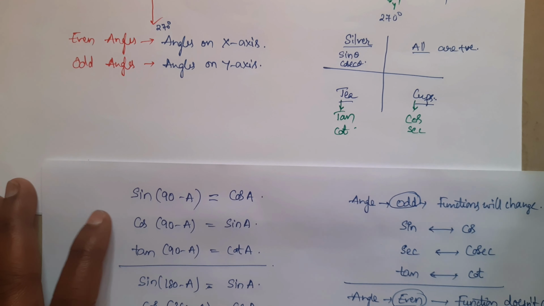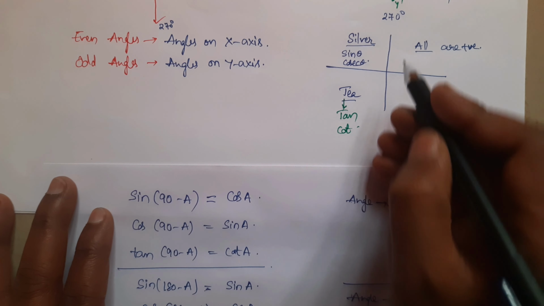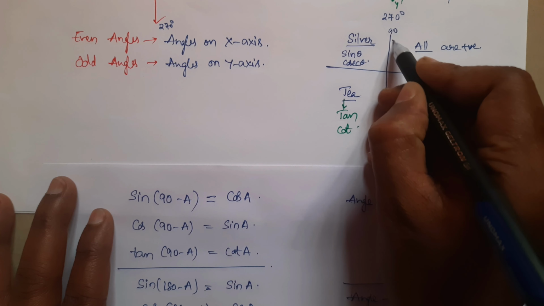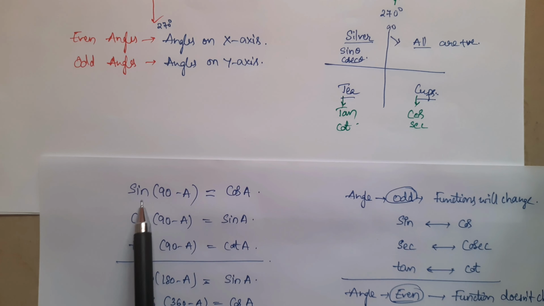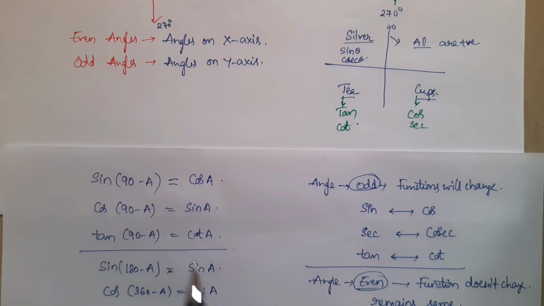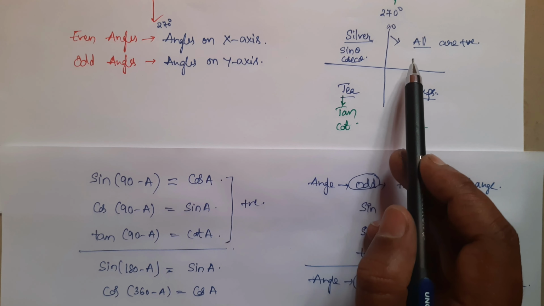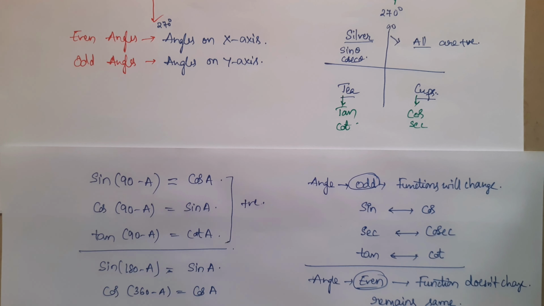When I write 90 minus a, this is 90 degrees, and minus means it belongs to the first quadrant. In the first quadrant, whether sine, cos, tan, secant, cosecant or cot, any function is always positive.